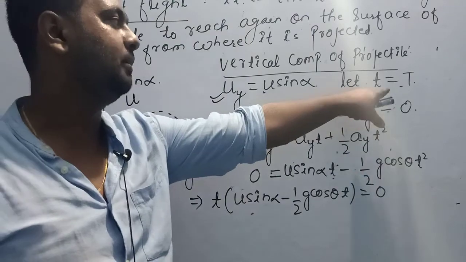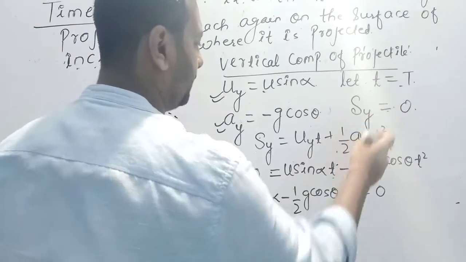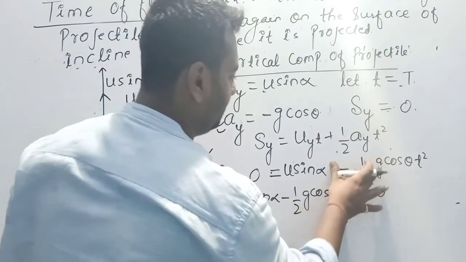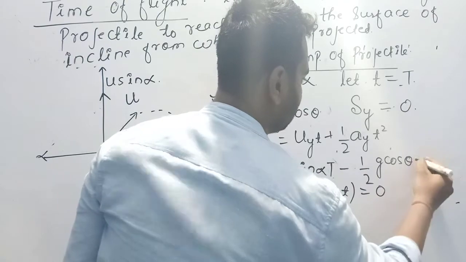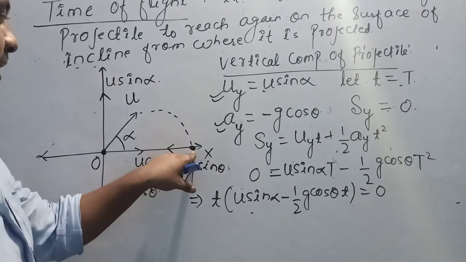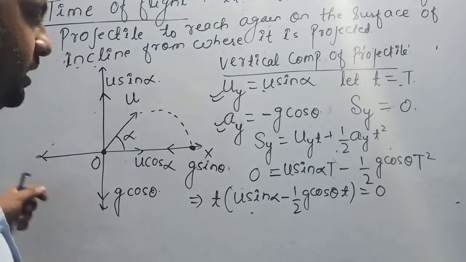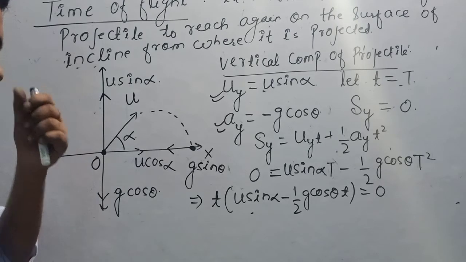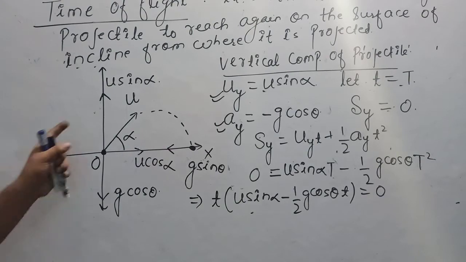Let the time taken by the projectile be capital T. The y coordinate of this point will be 0. Now from here we can get, I am going to erase this diagram because of lack of space.